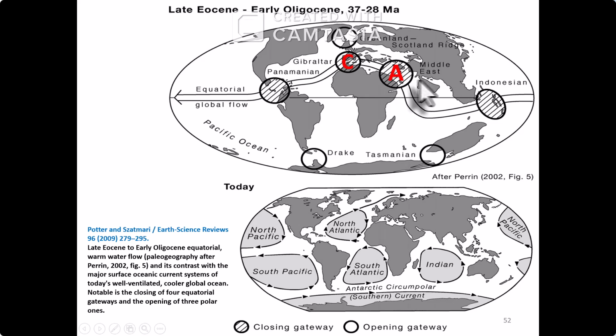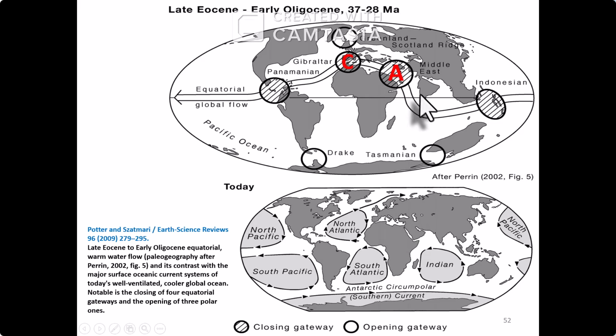When we look at this map here, during the Miocene, we find the Paleotethys, which is the equatorial ocean, because it was going from east to west, warm and nice. We find Gate A that closed during early Miocene due to the collision of the Arabian Peninsula with the Anatolian Peninsula, as we see today here.